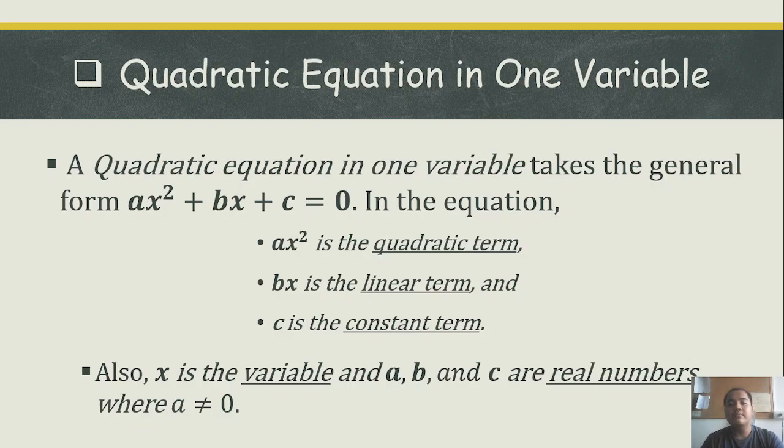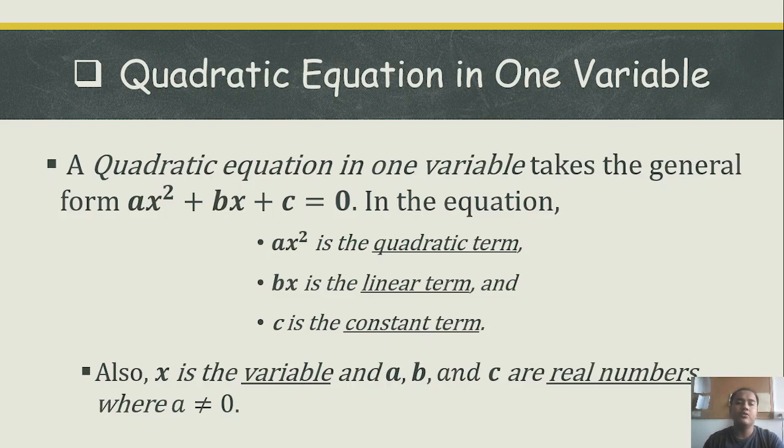Then si ABC naman class, this ABC are the real numbers. Pag sinabing real numbers, these are the numerical coefficients ng ating variables. Real number siya, pwede siya maging fraction, pwede siyang maging decimal, pwede siyang maging integer. Okay? And always remember class, yung A natin, hindi pwedeng maging equal to 0.